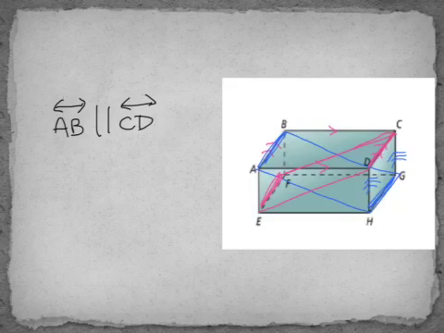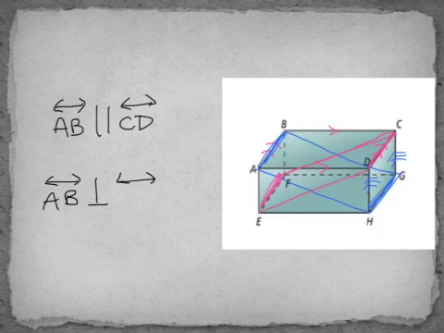Now talking about perpendicular lines, we could say that line AB is perpendicular, we use this symbol, to line BF, because we're talking that this is a rectangular prism that represents planes. So these are all right angles. All of these are right angles, is what we're assuming.